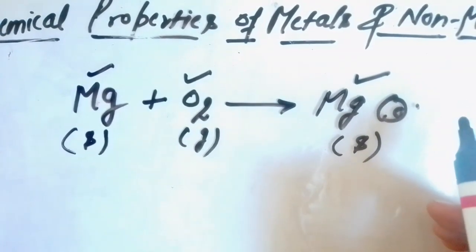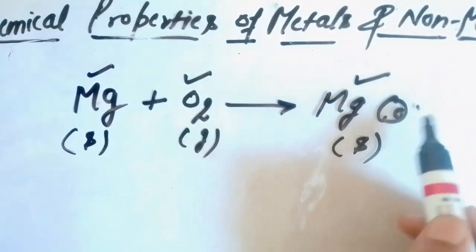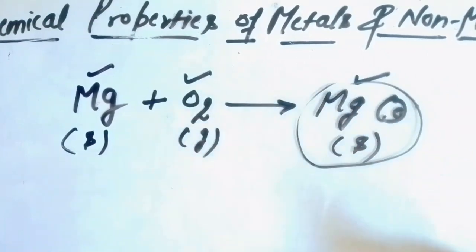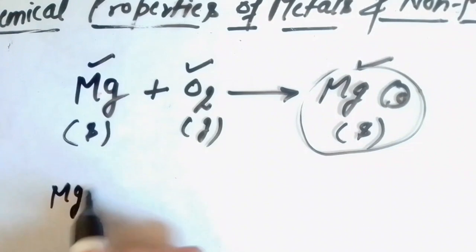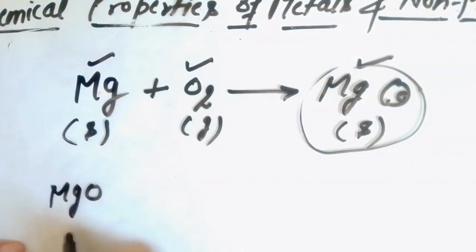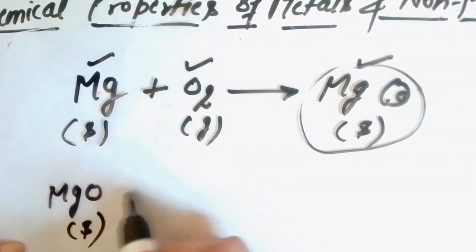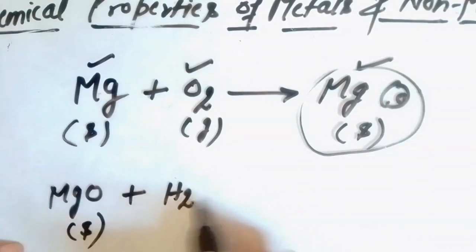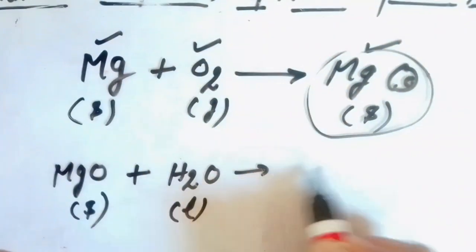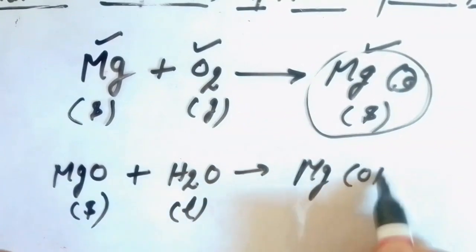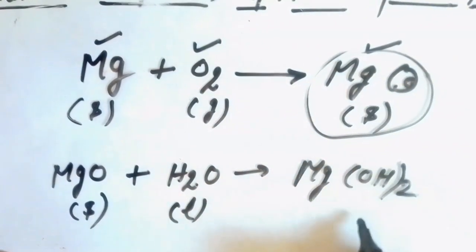Then in the activity we mixed this powder with water, so we write that in equation form now. When magnesium oxide, solid, reacts with water, which is liquid, it forms magnesium hydroxide.